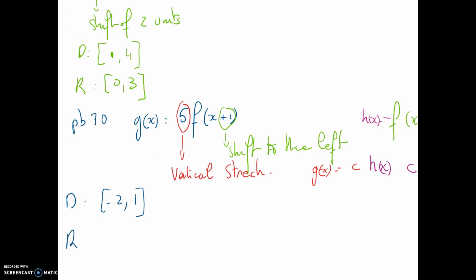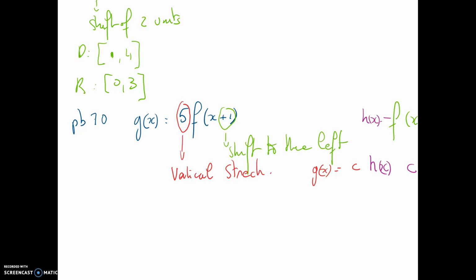My range is changing. Why? Because I have a vertical stretch. Actually, you know what? I am going to define first the domain and the range of h of x.